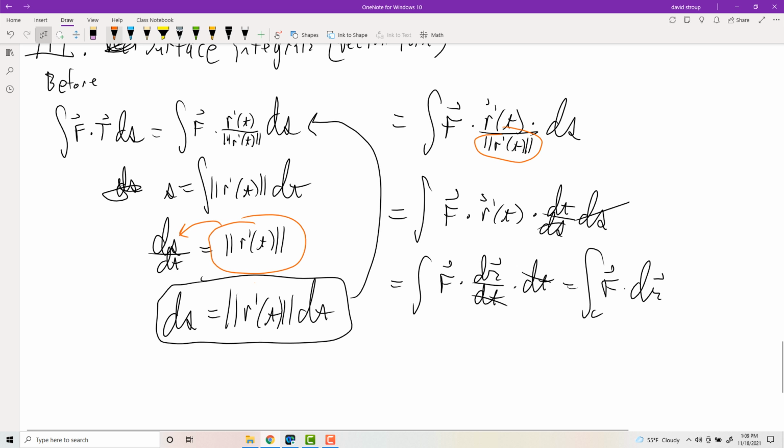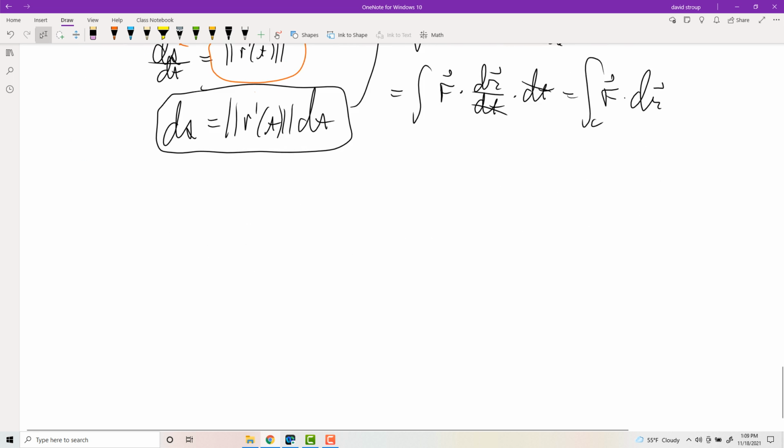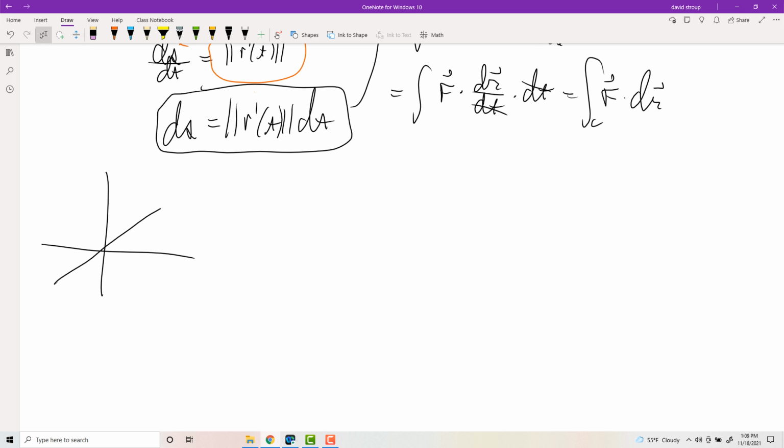But my long story short, the point was when we introduced it, it was this integral, which represented the sum of the alignment between the force vector and the tangent vector over the curve. So what did that represent? We had some sort of curve, and it could be in space, right?